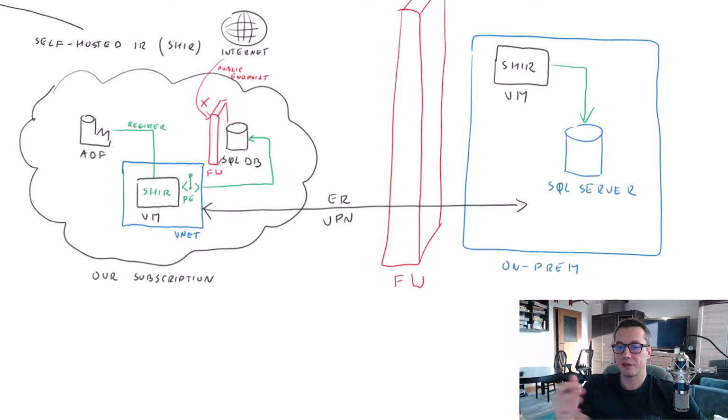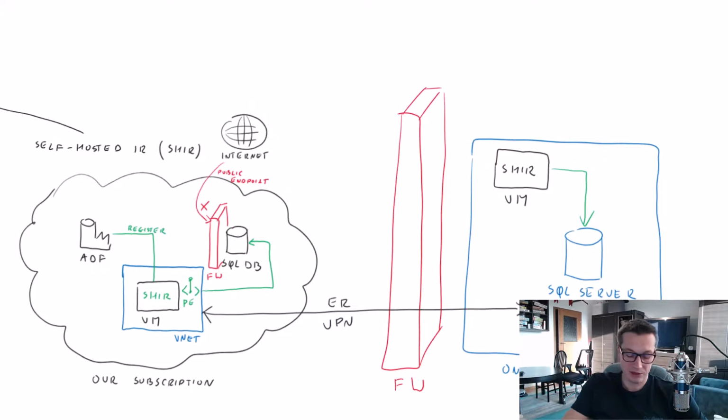And then we would just register this runtime with our instance of Data Factory. So we will register it like we did in the case of runtime deployed in Azure. And this connection will work because it will simply go over HTTPS. And this stuff is usually open on the firewall. So this connection should work.